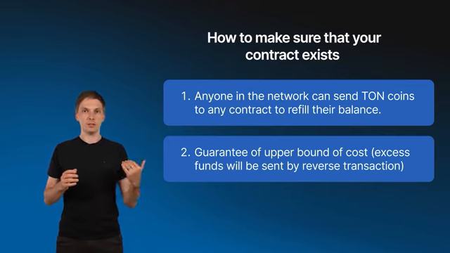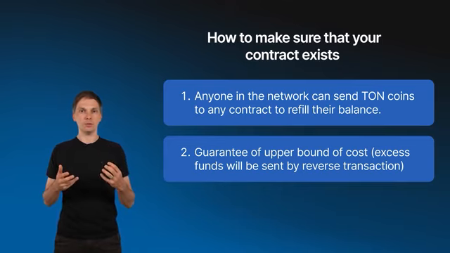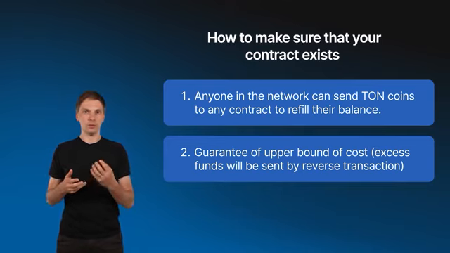So this means that the sender would attach some amount of coins that exceeds the necessary amount charged by the network for the gas, and the rest of the coins would otherwise be deposited on the contract's balance.